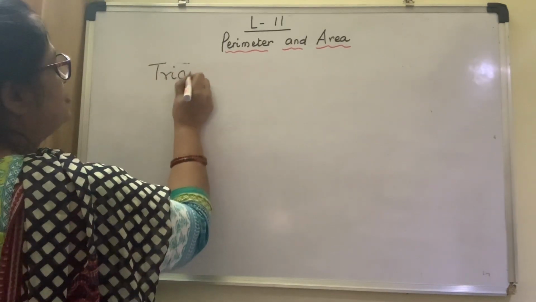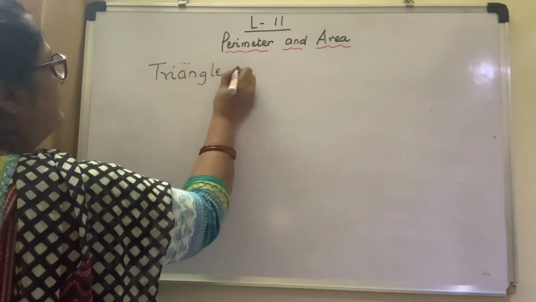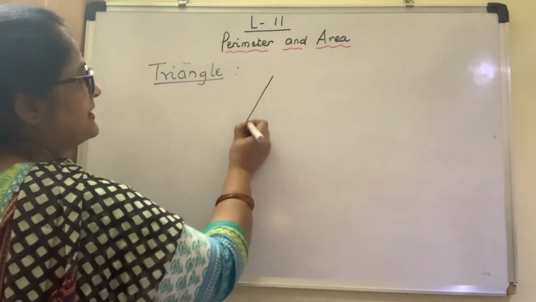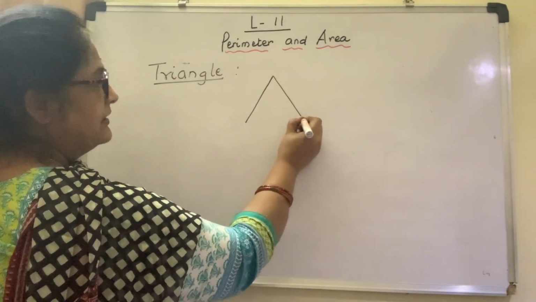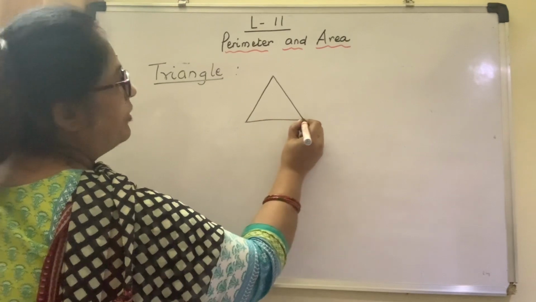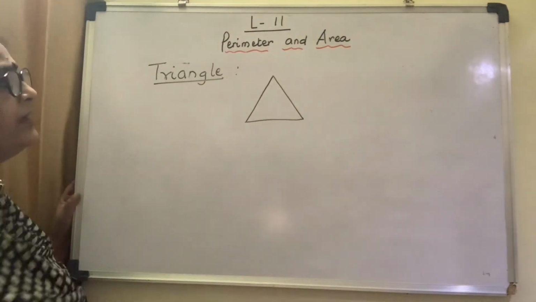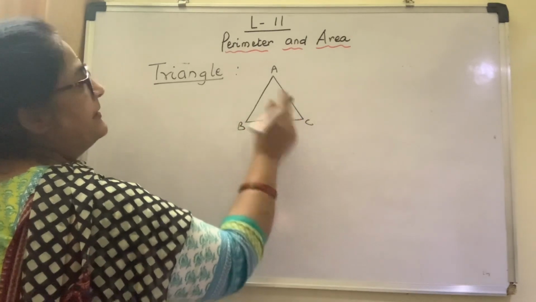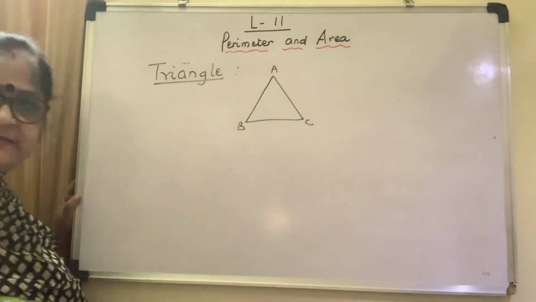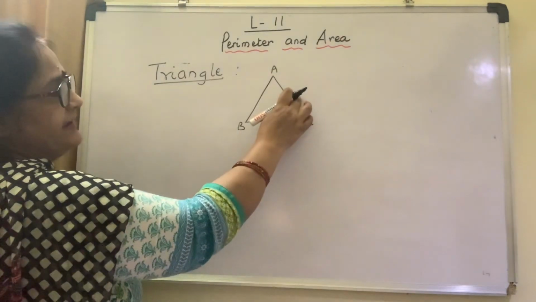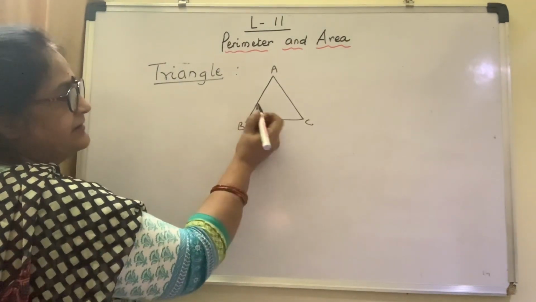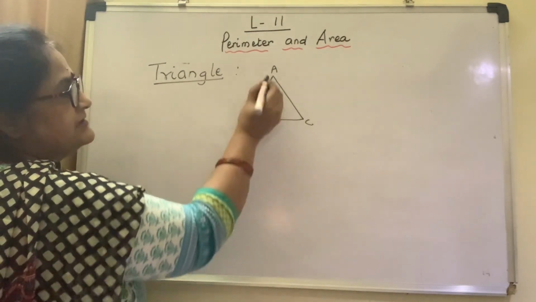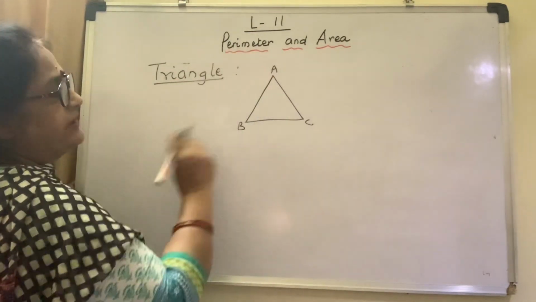Next figure is a triangle. A triangle is a closed figure which is made up of three sides. A triangle has three sides made of straight lines. Each adjacent side meets at a point.